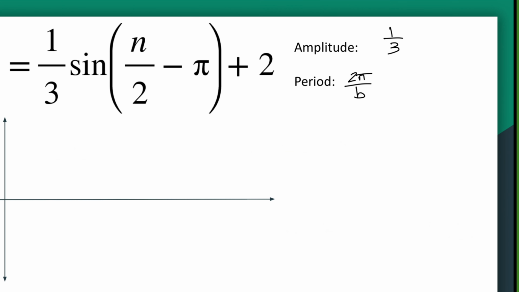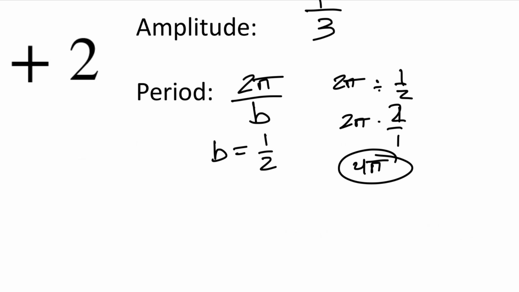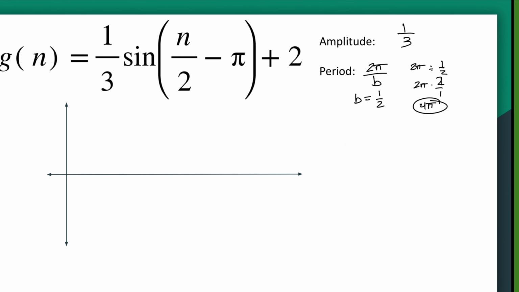B is equal to 1/2, so we're going to plug in 1/2 there. That's 2 pi divided by 1/2, or that's just really 2 pi times 2/1. So our period is 4 pi, okay? Now, lucky us, because our period is 4 pi, breaking it into 4 segments is just a difference of pi, okay?